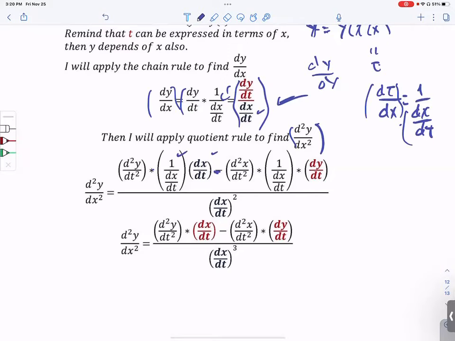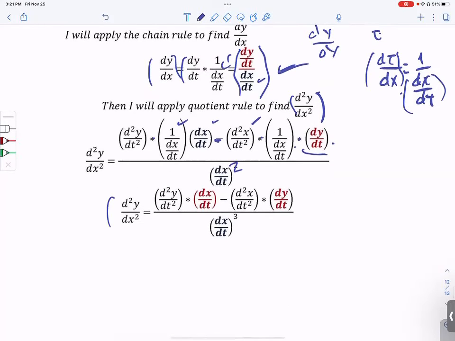minus now I will do the derivative of the bottom, I mean the second derivative of x with respect to t, times, of course, the chain rule again, because t is dependent on x, times the top, which is the derivative of y with respect to t, without doing anything, and everything over the bottom squared, by the quotient rule.